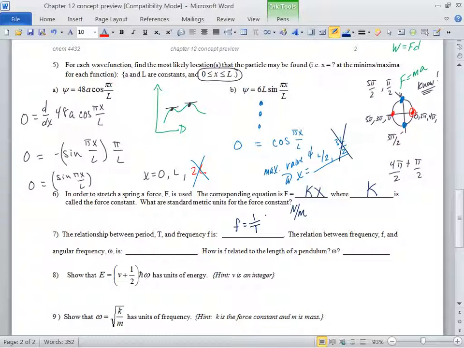The relationship between frequency and angular frequency, omega, is: write the equation first. So what times f? 2 pi.